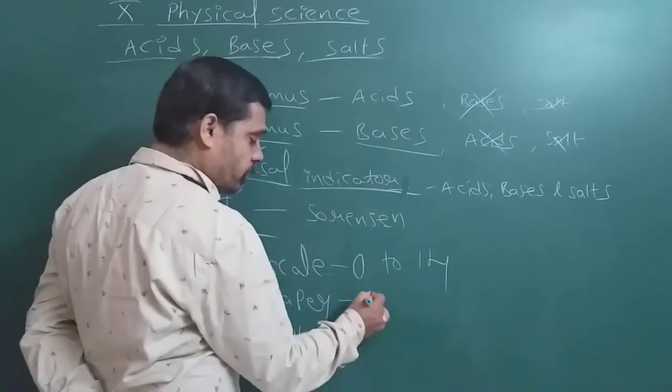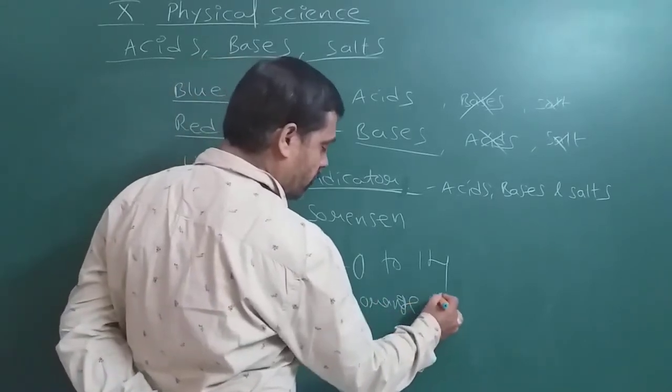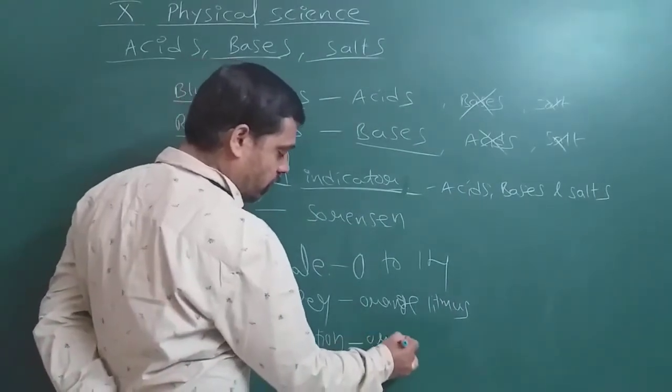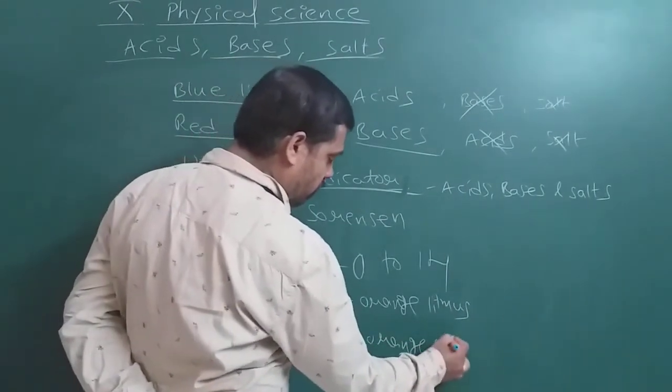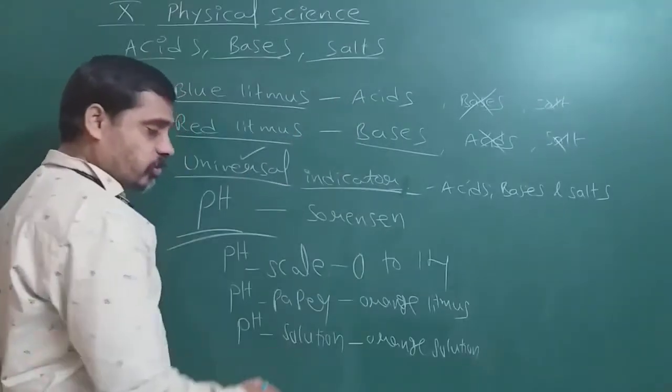This pH paper is a light orange color litmus paper. It is also a light orange solution.